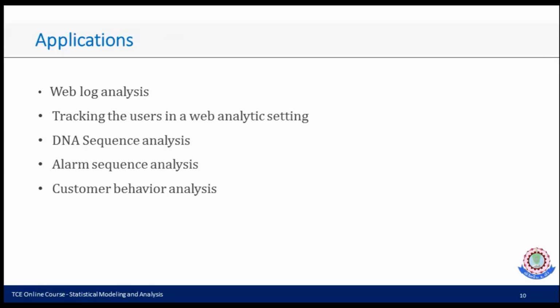These are the applications majorly concerned with sequence rule mining: web log analysis, tracking the path traversed by the user in a web analytics setting, DNA sequence analysis, that is in the field of bioinformatics, alarm sequence analysis, and finally customer behavior analysis. So here, sequence rule mining is concerned with the maximum of real world applications.